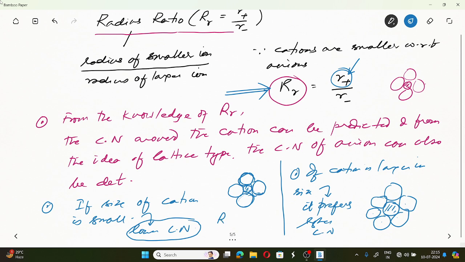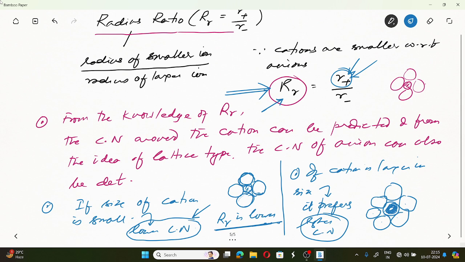That means if radius ratio is lower, coordination number is lower. Similarly, if the cation is larger in size, the radius ratio value will be higher, and coordination number is also higher. So this is the basis of radius ratio rule.